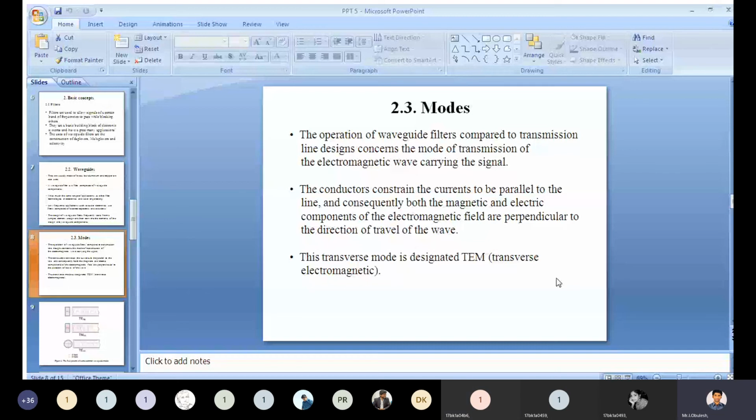This transverse mode is designated TEM, transverse electromagnetic.